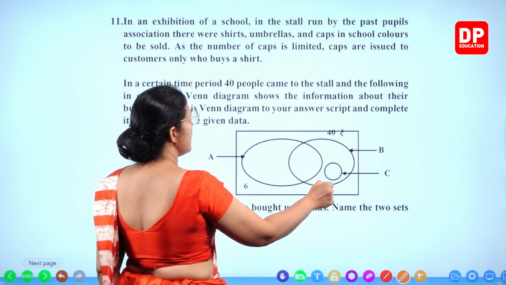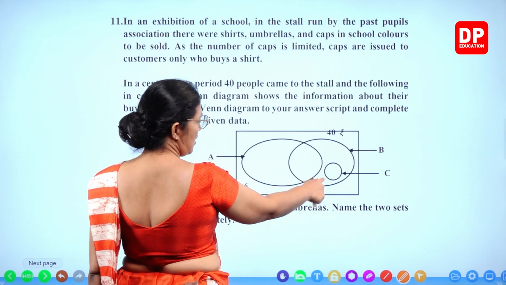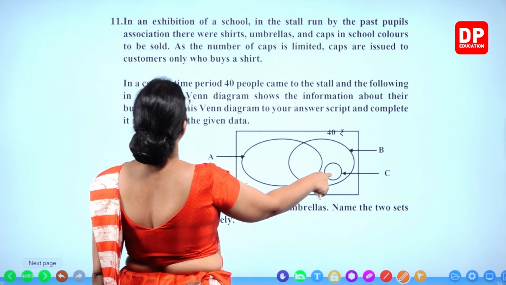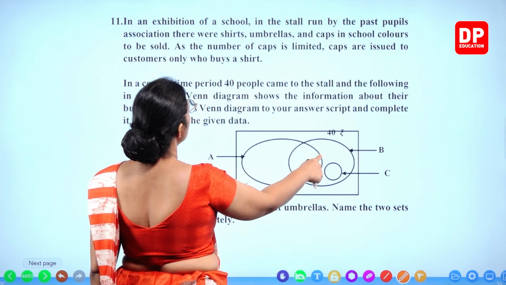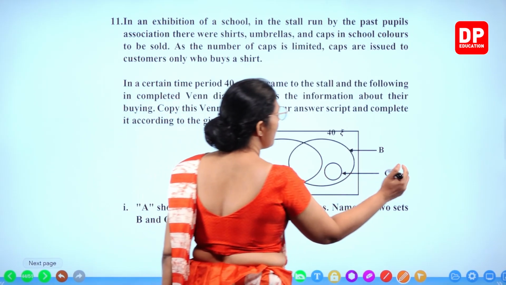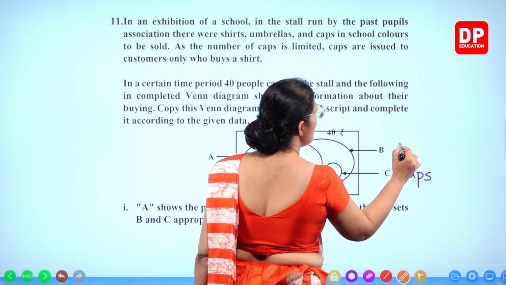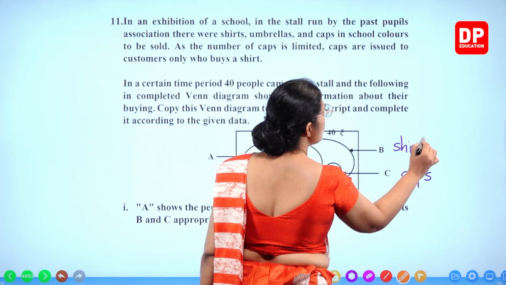Customer who only buys a shirt. Here, that means C should be the subset. So that means we can label this one as wearing caps. So C means caps and B should be buying shirts.